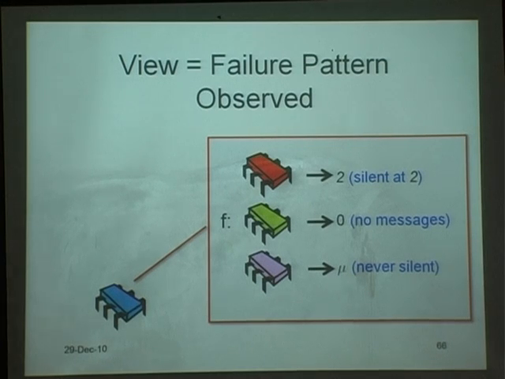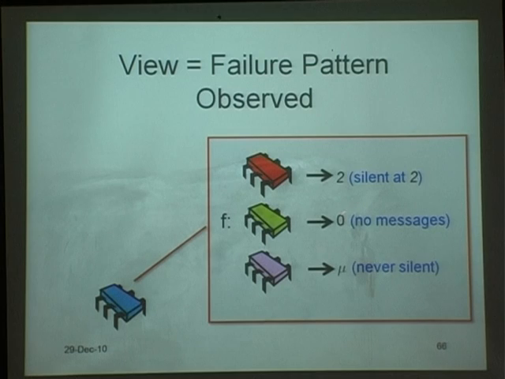So for any failure pattern, there's a possible view of that failure pattern, which is one process's view of what happened, which is not exactly what might have happened. So here, blue sees that red was silent at micro round 2.